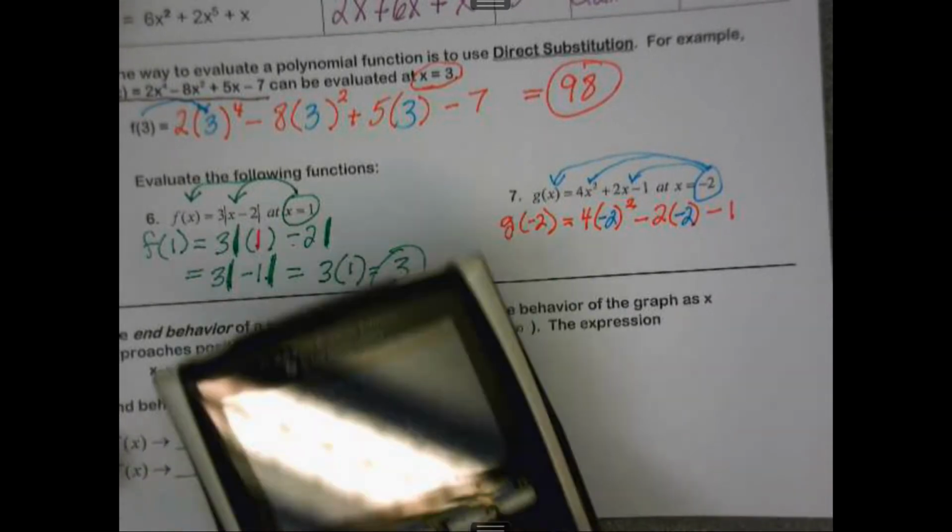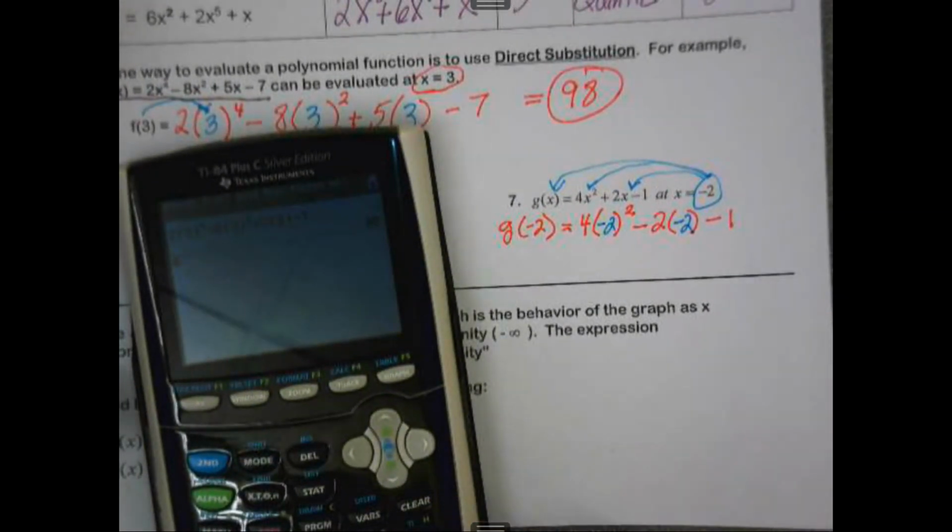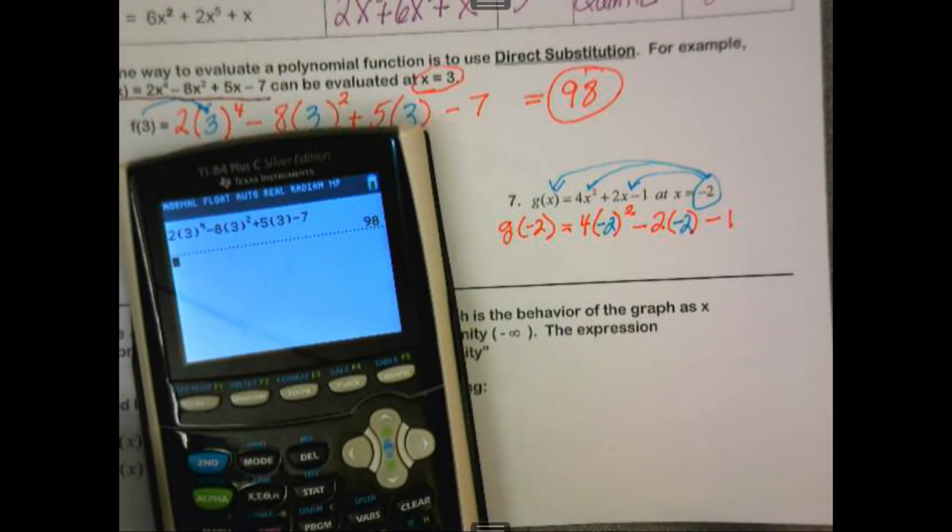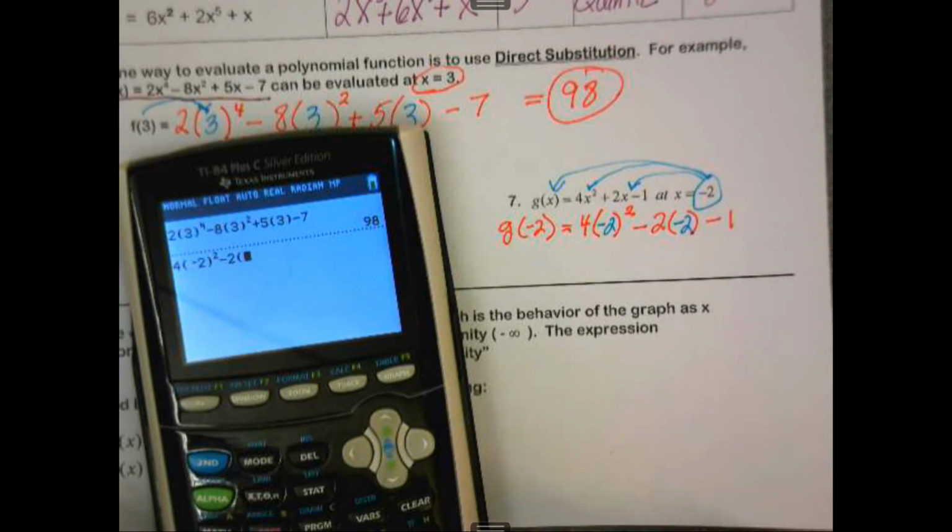Plug this into your calculators. Let's see, 4 times negative 2 raised to the squared. Hit the arrow key to get out of the exponent. Minus 2 times negative 2. It's to the first, so I don't need an exponent. Minus 1. Enter, and I get 19.